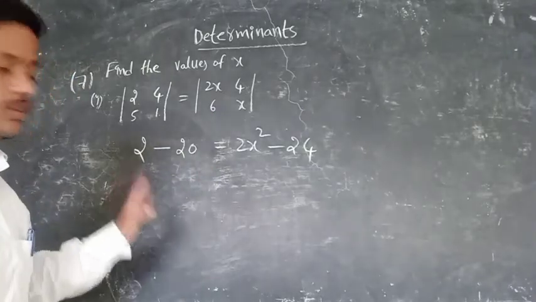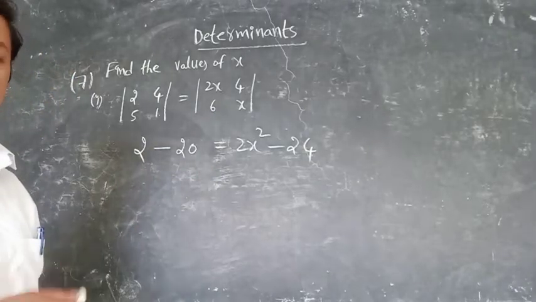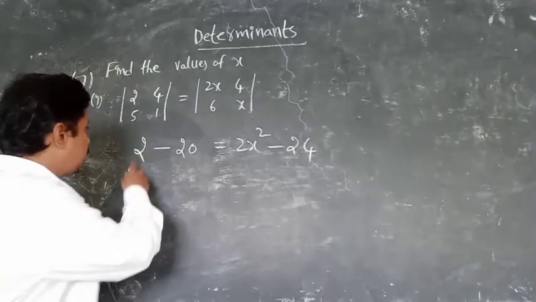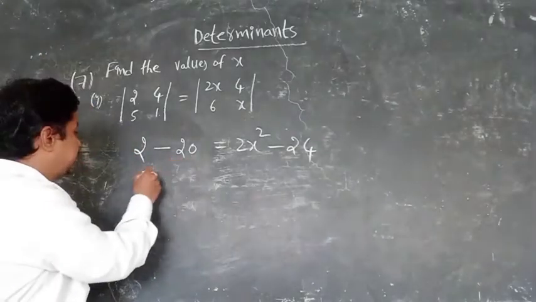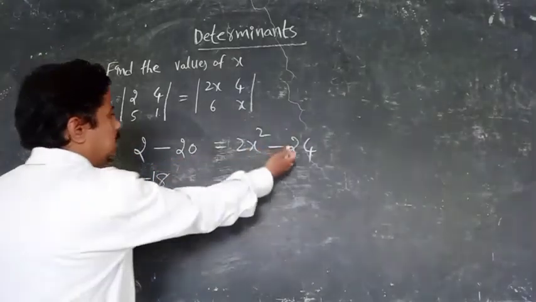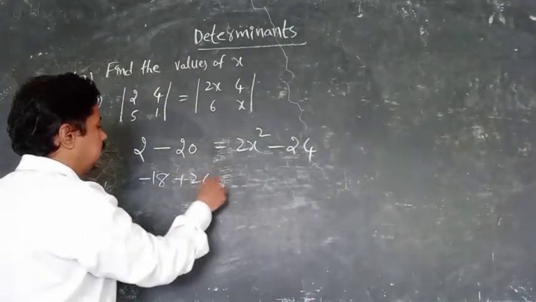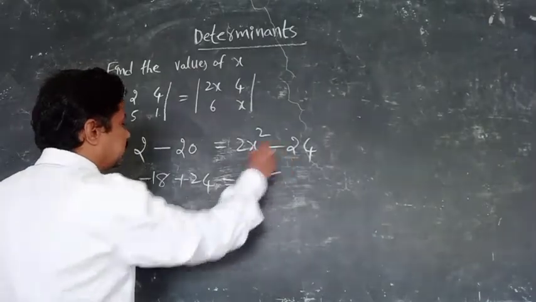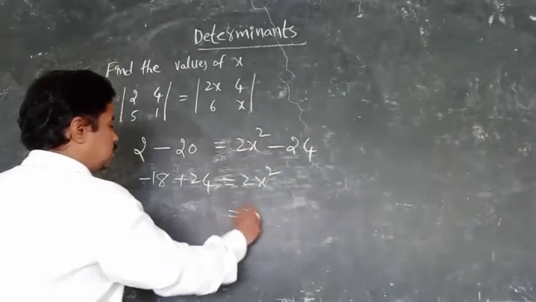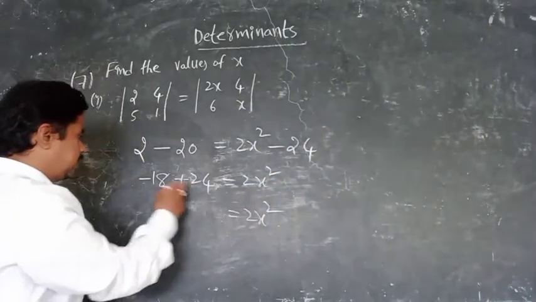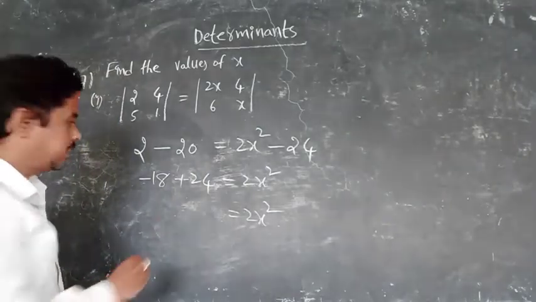Like that, first you have to simplify, next I have to calculate. 2 minus 20 is minus 18, minus 24 becomes plus 24, is equal to 2x square. So 2x square is equal to 24 minus 18, which is 6.